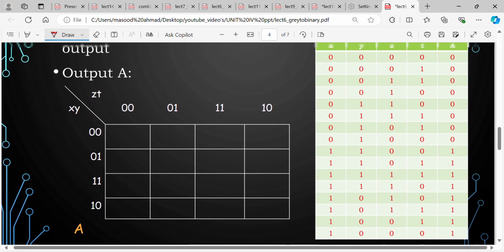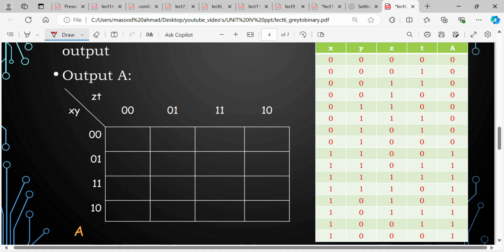Now if you look at it, what is happening is you put the values of A into this map, which we have already seen. So for A we got these index values: 1, 1, 1, 1, 1, 1, 1 and 1. Why is it so? It starts with x, y, z, t.